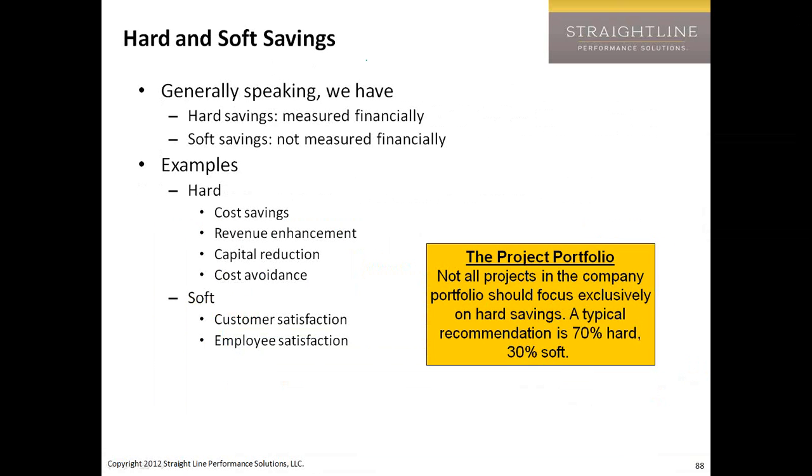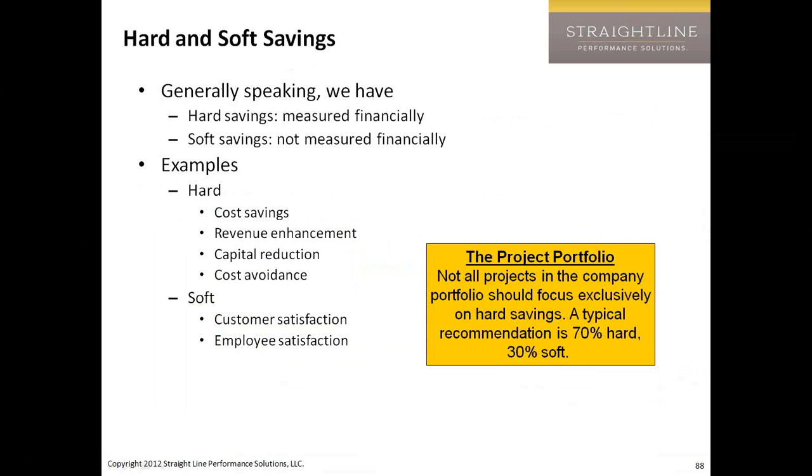Now let's talk a little bit about hard and soft savings. A lot of finance departments want to divide things up into hard and soft savings, and the reason is that you'll find there are different things that are cost savings. Clearly there's a benefit to them, but for one reason or other they don't lead to operating cash or something that's easy to measure in an accounting department.